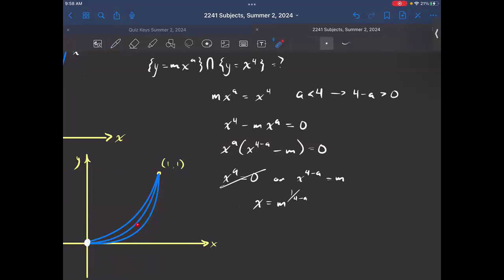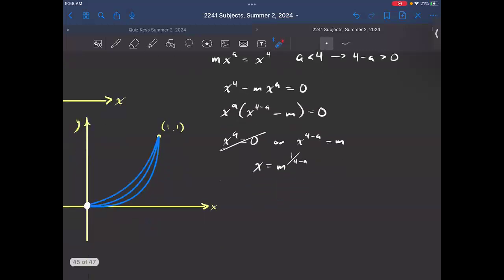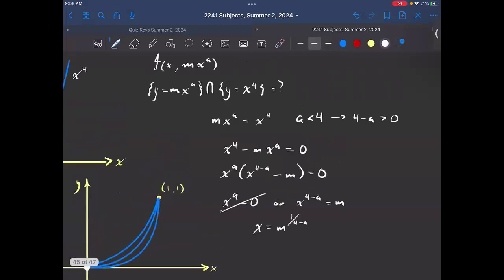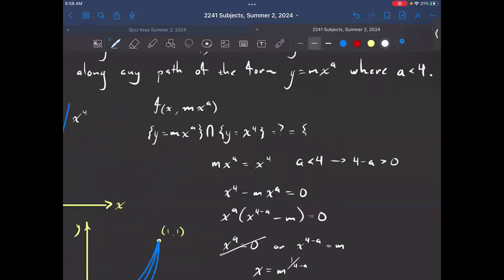So this intersection point will move, and we want to know, okay, what does this function look like in between there? Okay, so there's our intersection point, m to the 1 over 4 minus a.